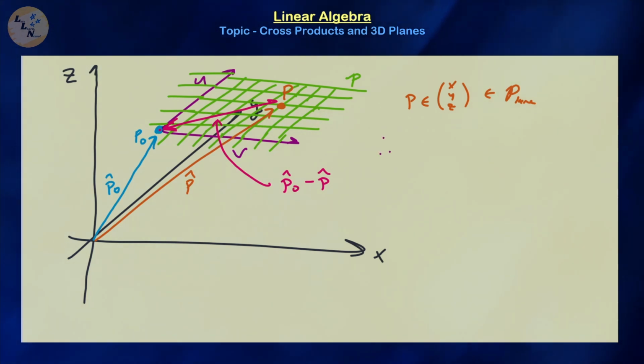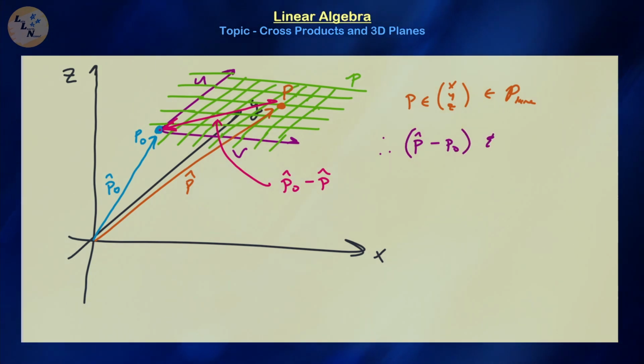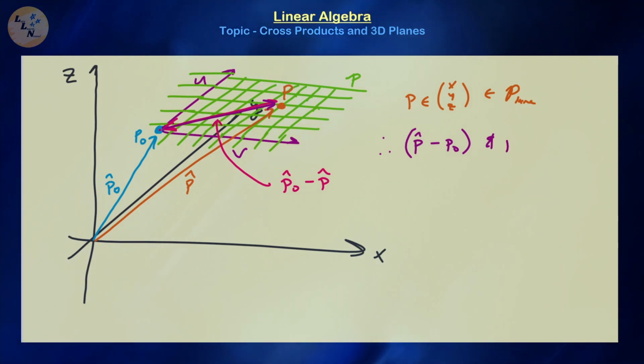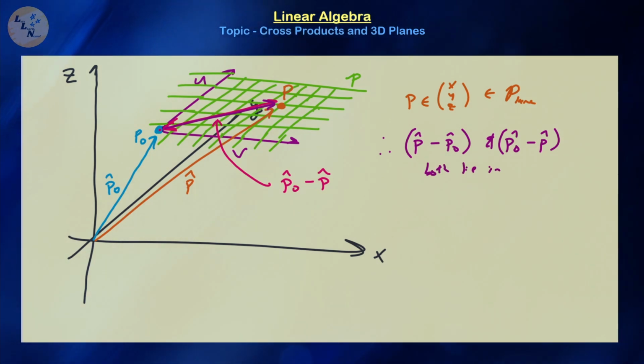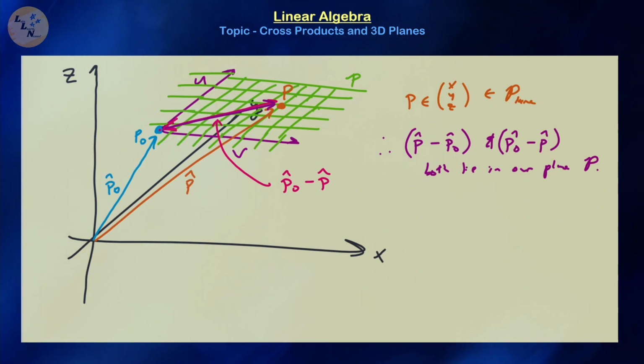Then you should be able to verify that p hat minus p hat 0, and also its reverse direction, so we could go in the opposite direction as well, p hat 0 minus p hat, both lie in our plane P as well.